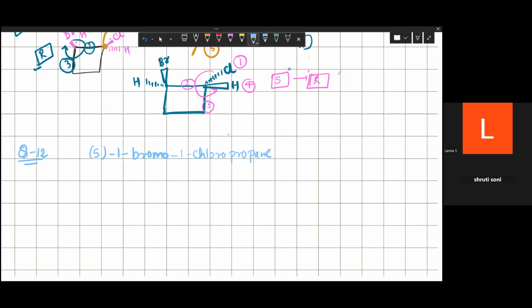Firstly, draw a propane. Propane: methyl, ethyl, propyl. That's only three carbons, right? Yeah. Sorry, I don't know why I drew a pentane. I think I was looking at the one above it. Wait, only three? Is it a triangle?